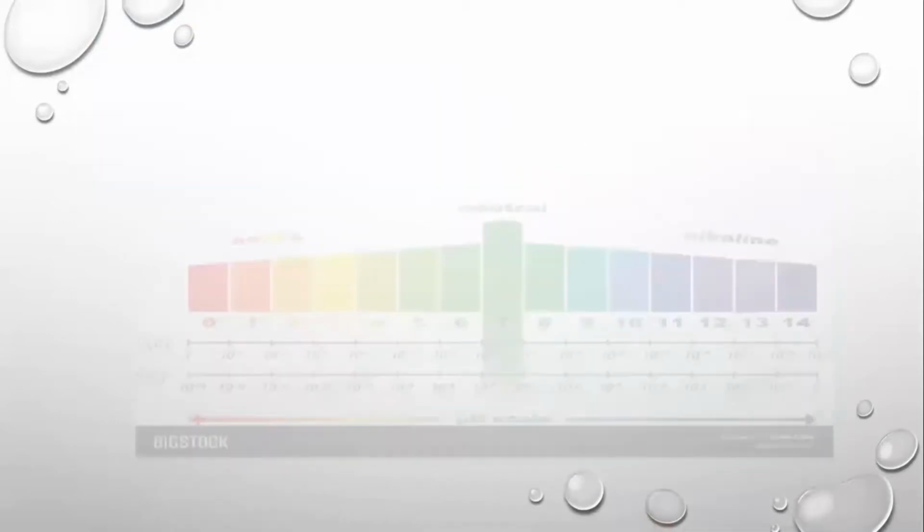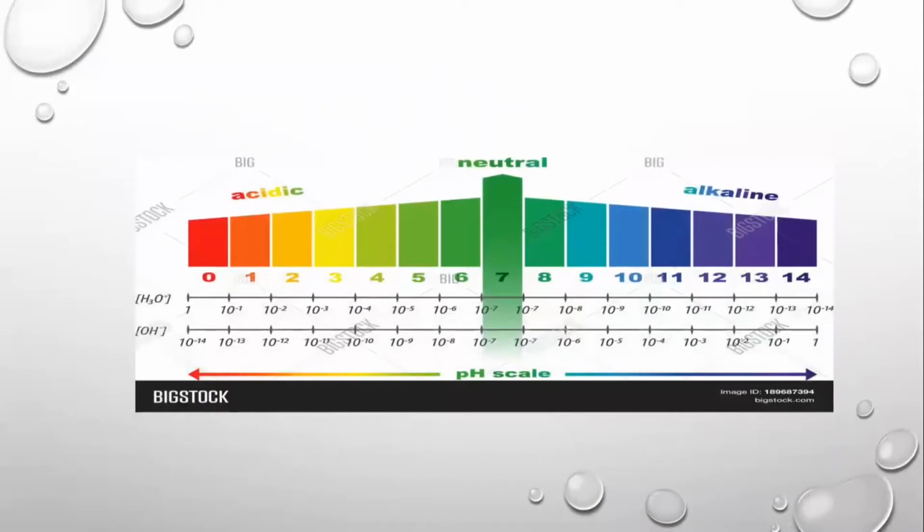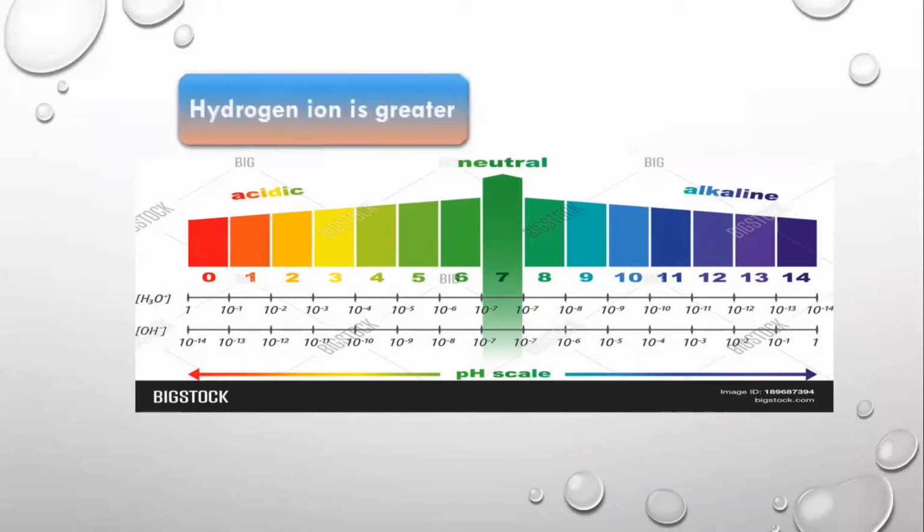The pH value of a substance is directly related to the ratio of the hydrogen ion and the hydroxyl ion concentrations. If the pH value is less than 7, the hydrogen ion concentration is greater than the hydroxyl ion concentration and the solution is acidic.